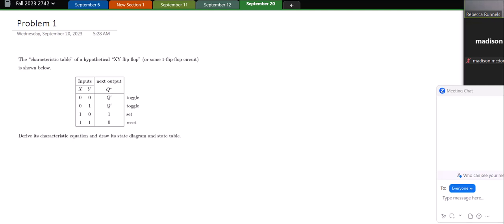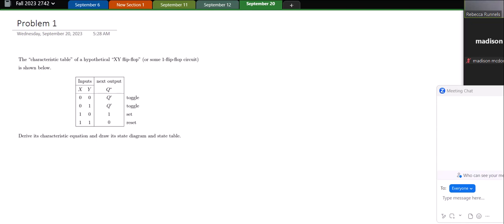Okay, so in this first example, we have a hypothetical XY flip-flop, and we have the truth table for it, and we're supposed to come up with its characteristic equation and draw its state diagram and state table. So this will be a good example of what to do if you had the truth table, and if you had a circuit instead of a truth table, you could always look at the circuit and come up with the truth table.